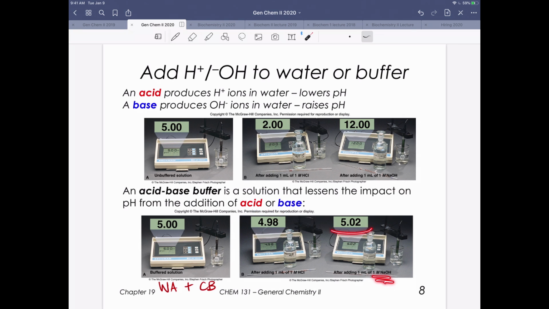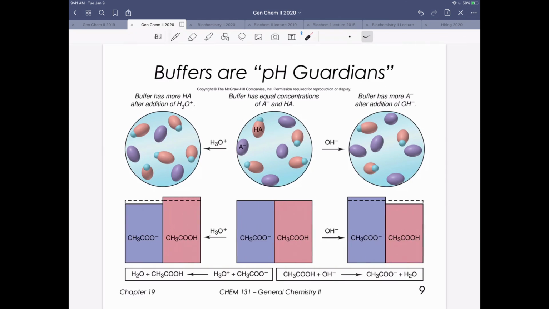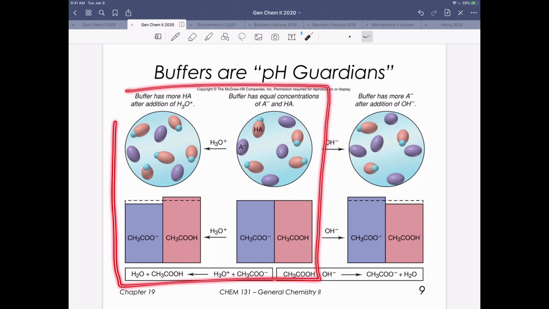When we add base, it's just a minimal increase in pH. And on the next slide, we're going to understand why that is. So again, I want you to think about buffers being pH guardians. Think of this as being like an army that helps buffer or combat the addition of acid or base.